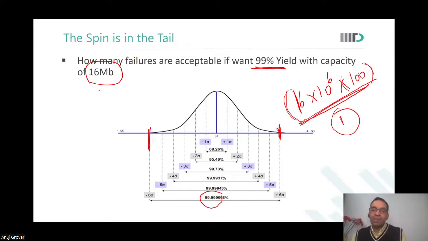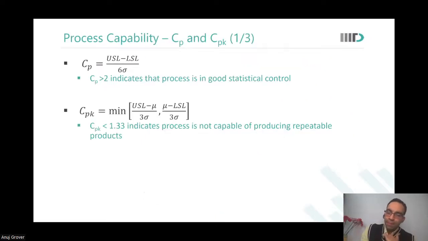So what we are saying is that we have to qualify plus minus 6 sigma. Now let us talk about two additional numbers. Process capability is defined by a number called CP and another number called CPK.